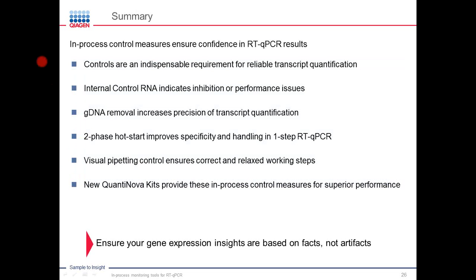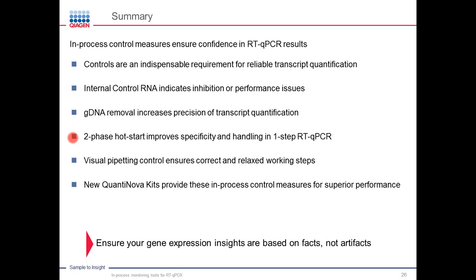At this point, I would like to briefly summarize. Controls are an indispensable part of a reliable gene expression experiment or transcript quantification. Particularly the internal control helps to deal with inhibitors. Genomic DNA removal improves the precision to avoid additional artifacts.